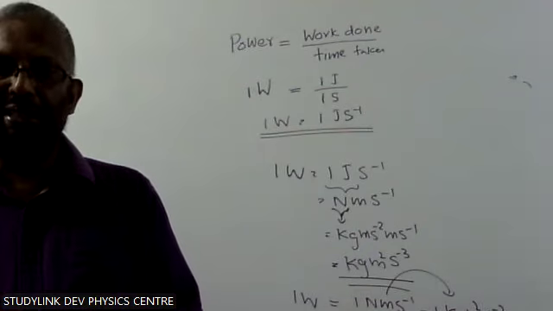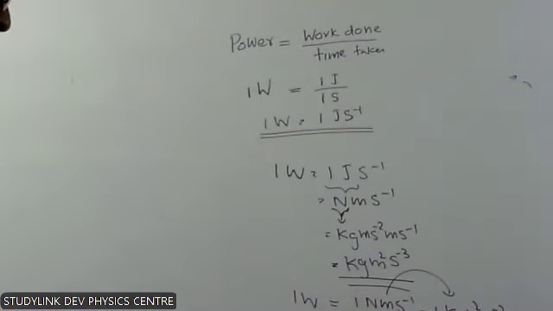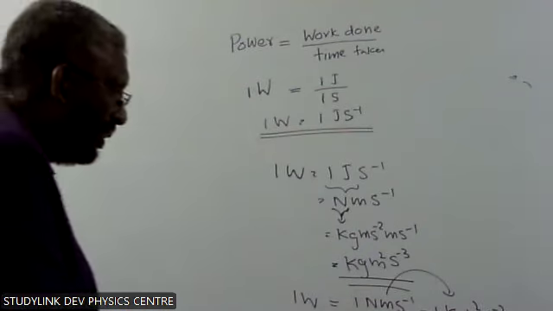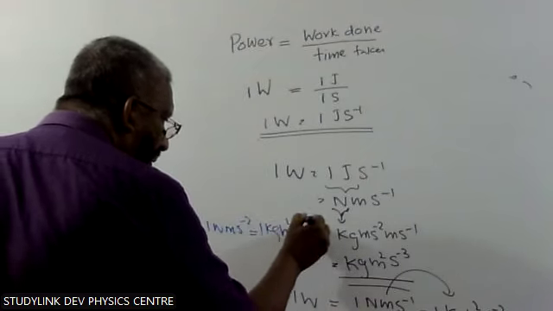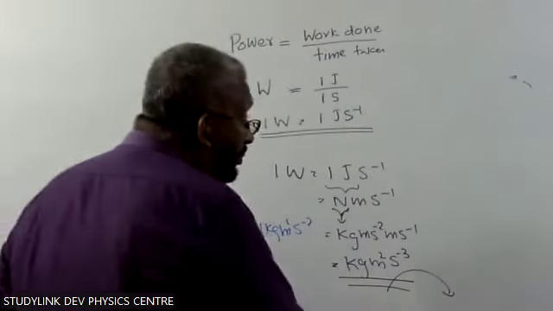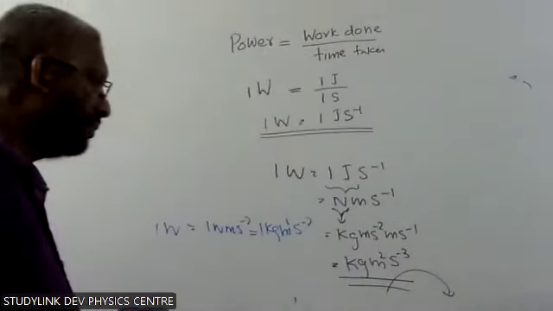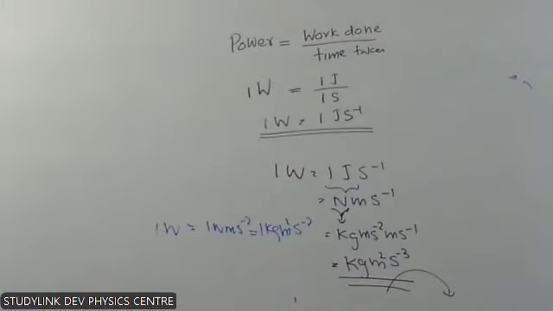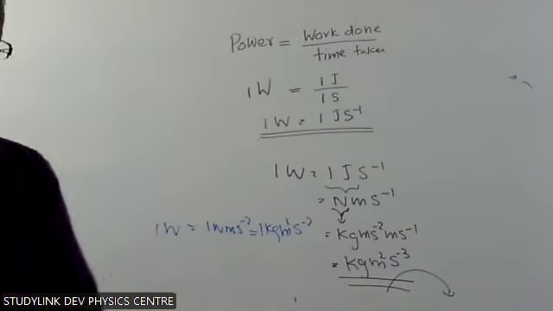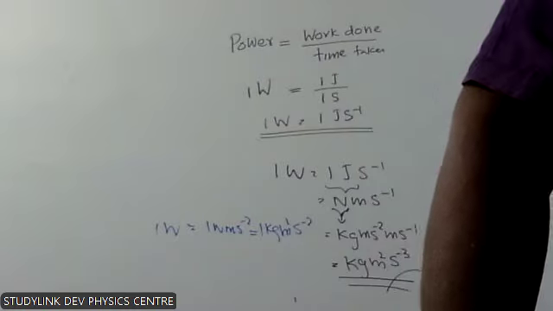All three also can be given. So here, 1 watt, 1 N m s^-1 is equal to 1 kg m^2 s^-3. So derived units, I told now. There are so many derived units under other sections.